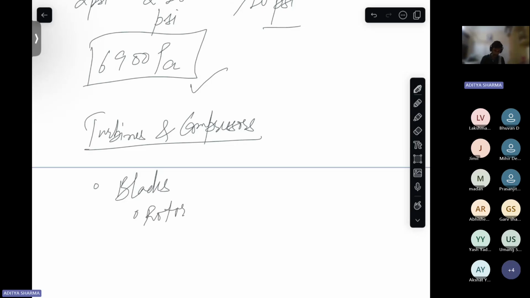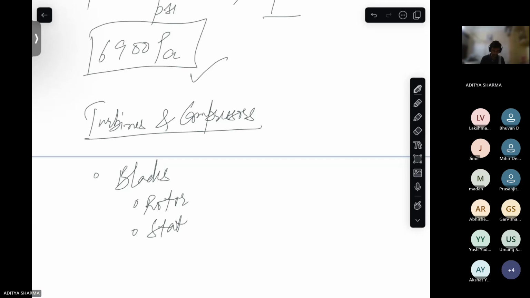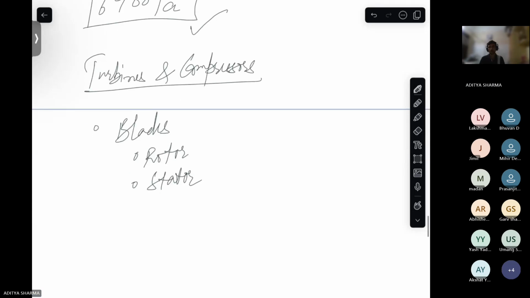There are two types of arrangements: one is stator and one is rotor. I would recommend that you see some video on YouTube of some turbine or aircraft engine, and there you will have a visualization of what is a rotor and what is a stator, right? So the stator won't move.